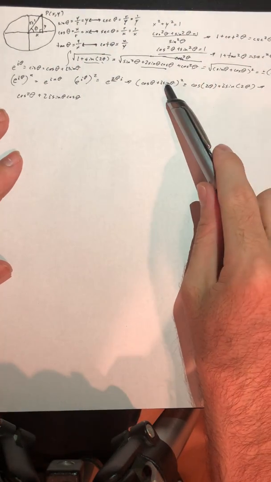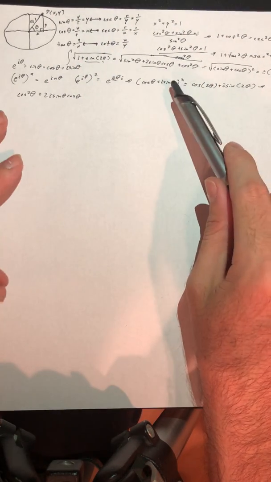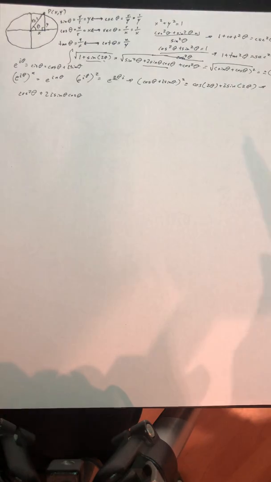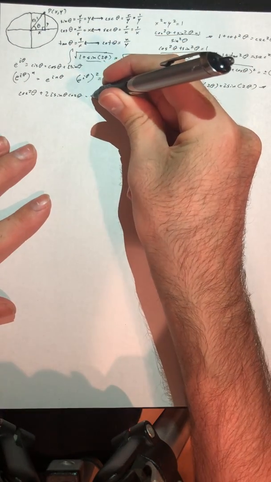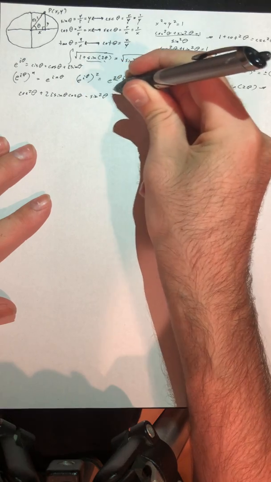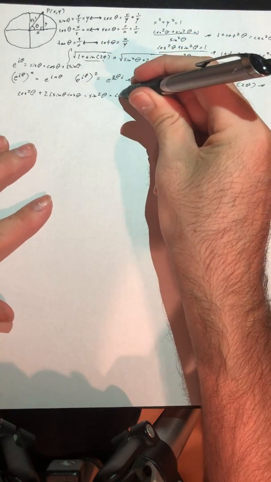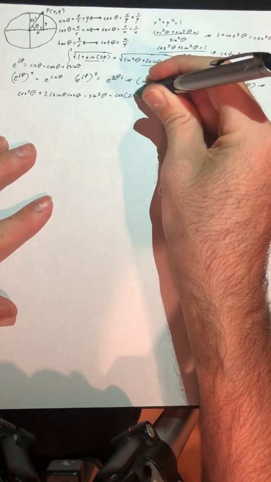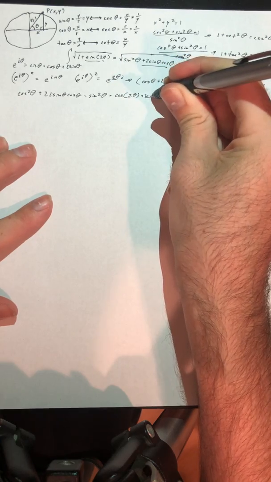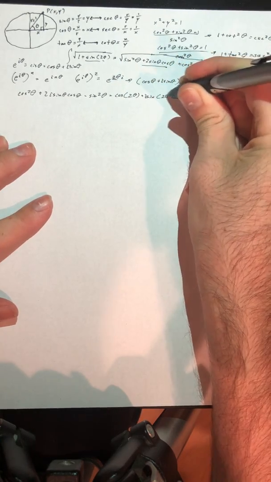Now we're going to have i sine theta squared, which is going to give us i squared sine squared theta. And i squared is minus 1. So we just have minus sine squared theta, equal to cosine 2 theta plus i sine 2 theta.